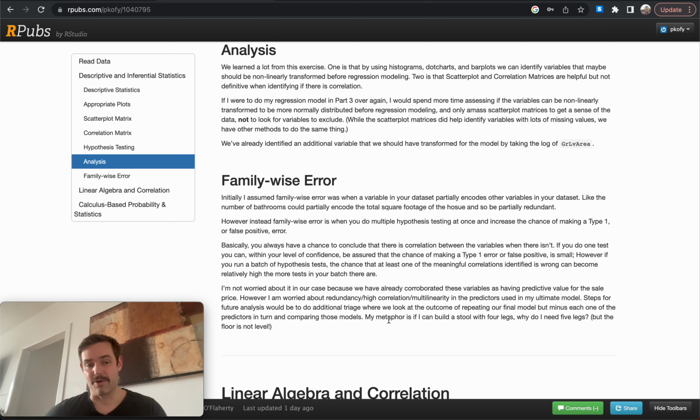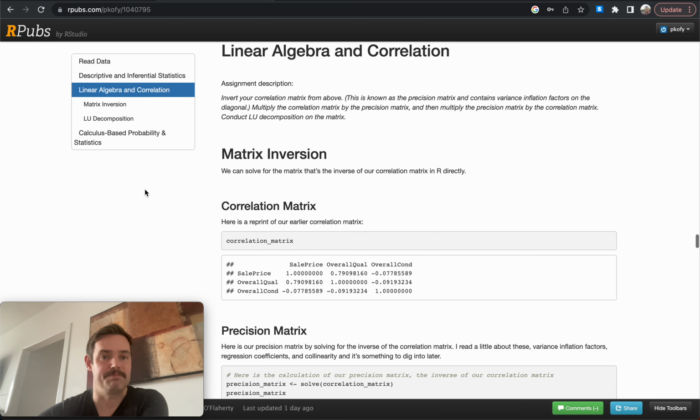Now, if you do 10 of those, then the probability that at least one of them is going to have a false positive becomes much higher. So I'm not worried about that here because I only did it for two, and we're going to corroborate these later anyway, doing the linear regression.